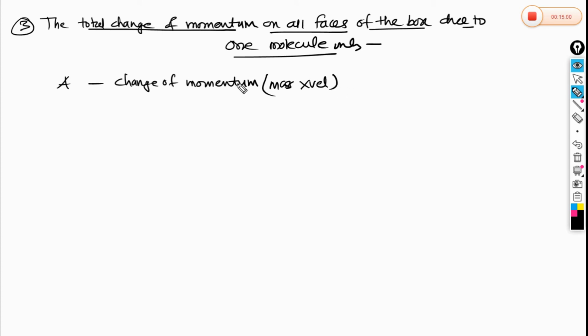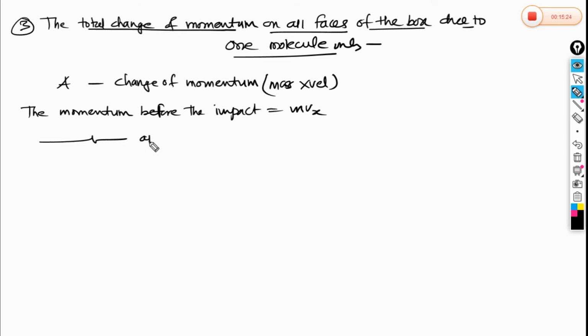The momentum before the impact is equal to mvx. The momentum after the impact is equal to m into minus vx.